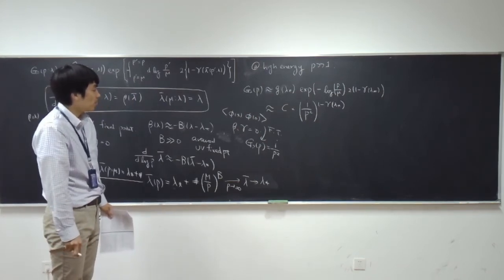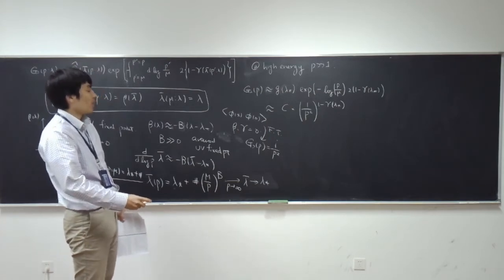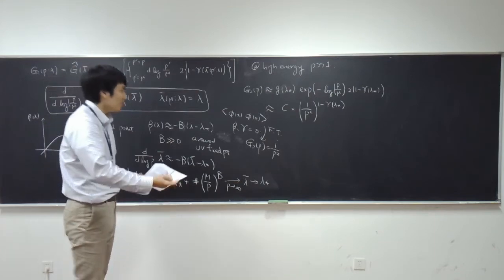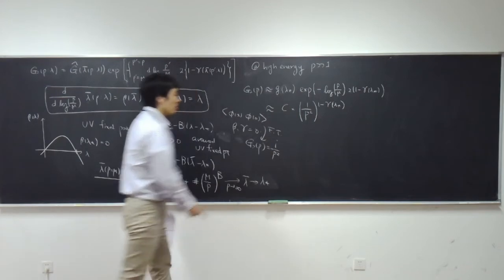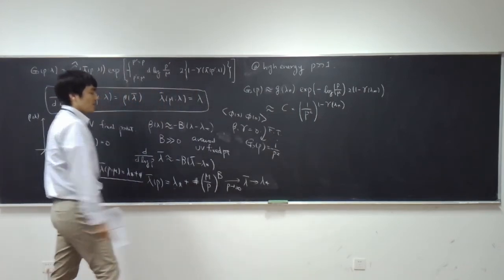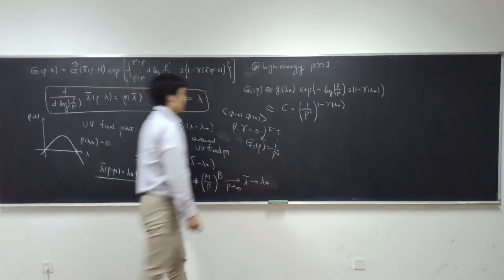The mass dimension of phi in 4 dimensions is 1. Therefore, after the Fourier transformation, the 2-point function should have mass dimension minus 2.